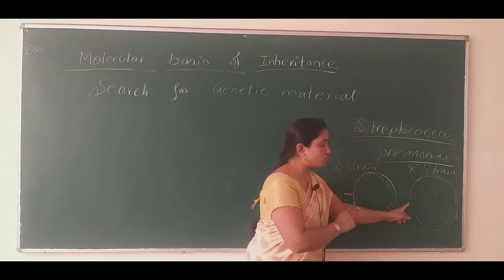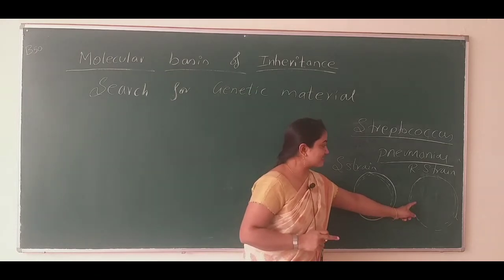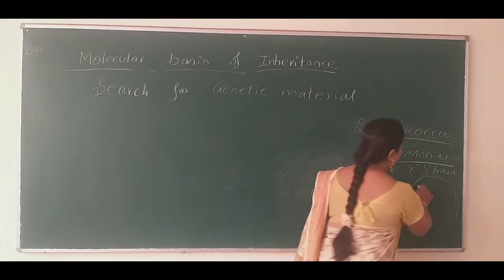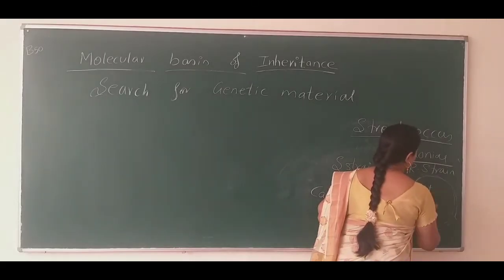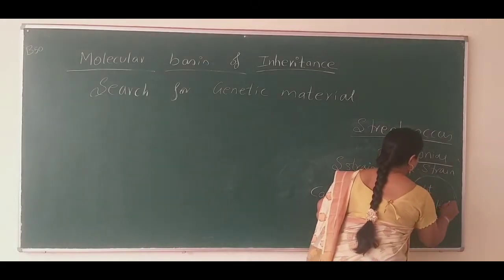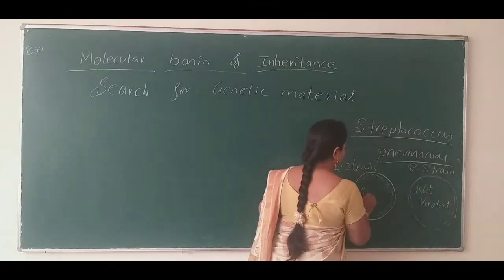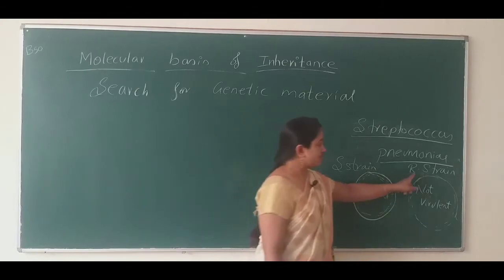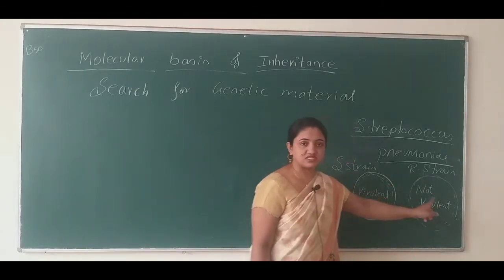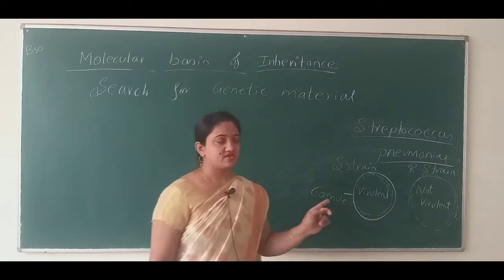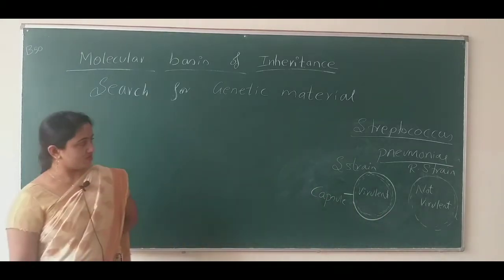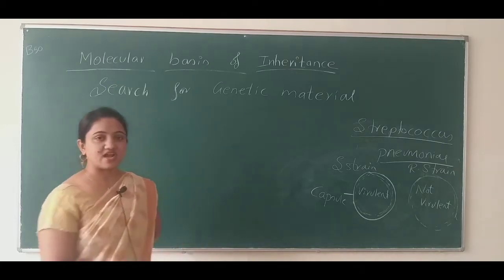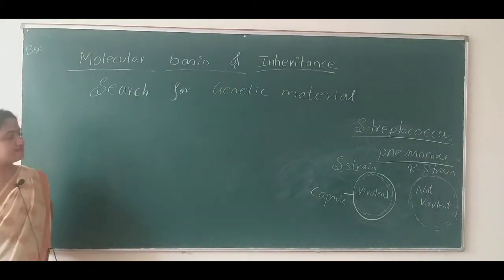The polysaccharide coat is not present in the R strain and it is not virulent, but the S strain is virulent. It causes disease, while the R strain does not. Just remember these two types of Streptococcus pneumoniae. With this, we'll start with the search for genetic material.